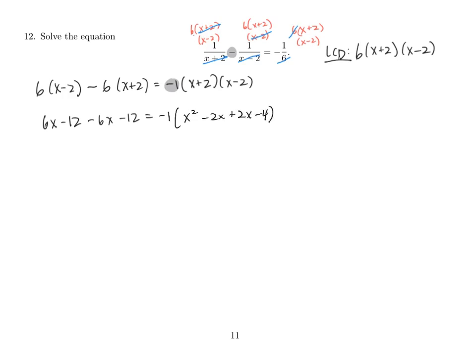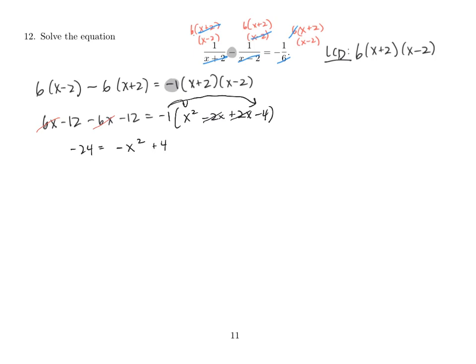I guess I could simplify this side as well. So the 6x minus 6x, that's going to cancel out. So that'll leave me negative 24 is equal to, these will also cancel out, so negative x squared plus 4, because I'm distributing this negative 1 to both of those things.